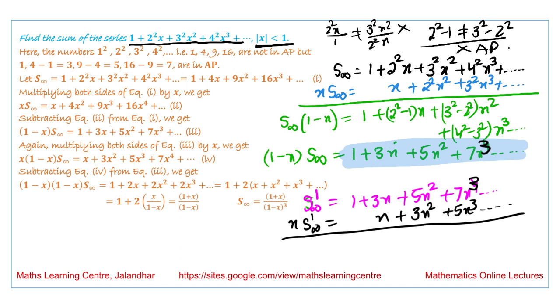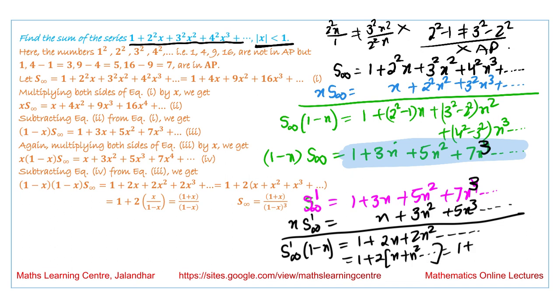Now if we subtract these, we obtain S dash infinity (1 − x) is equal to 1 + 2x + 2x² and so on up to infinity. This is equal to 1 + 2(x + x² + ...) up to infinity. This is equal to 1 + 2 times the sum of this infinite series, where |x| is less than 1, and the sum of this series is x/(1 − x).